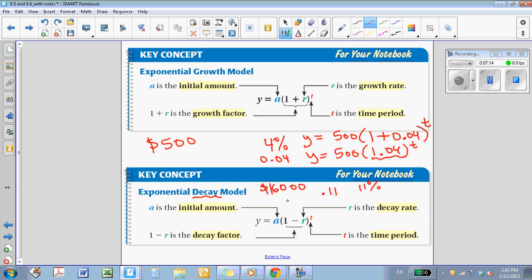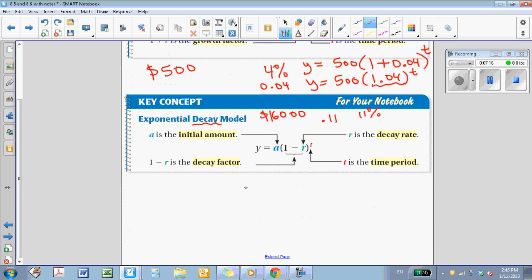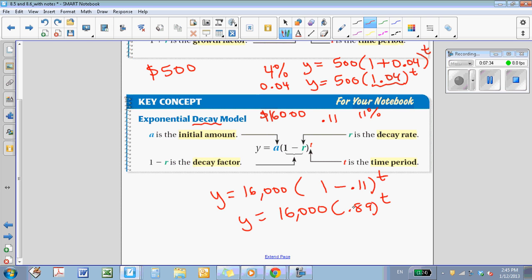So you would do 16,000 times 1 minus 0.11 to the t as a power. So it'll be 16,000 times 0.89 to the t. This is exactly the same thing that we had, just using the formula.